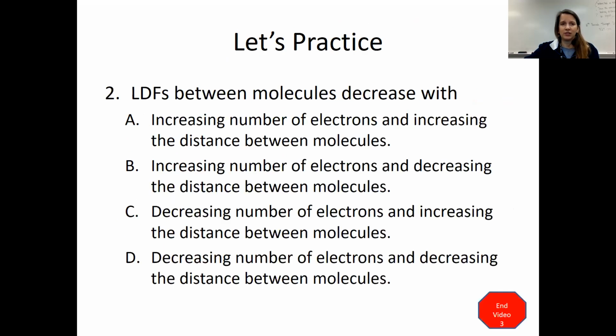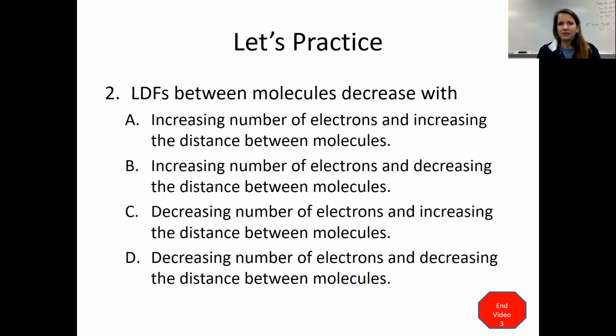Let's take a look at this question here. It says LDFs between molecules decrease with, so we talked about a couple of things that you would see LDFs changing with. So let's take a look letter by letter. Letter A, increasing number of electrons and increasing the distance between the molecules. Well, if you're putting more distance between the molecules, are you going to be able to easily influence the electrons in this one if you're putting more distance between them?